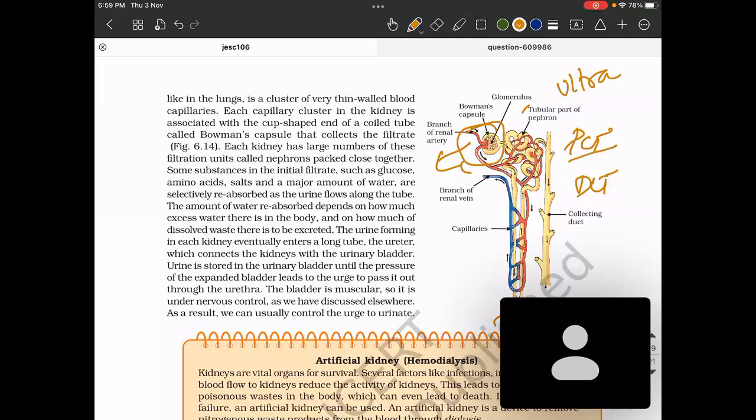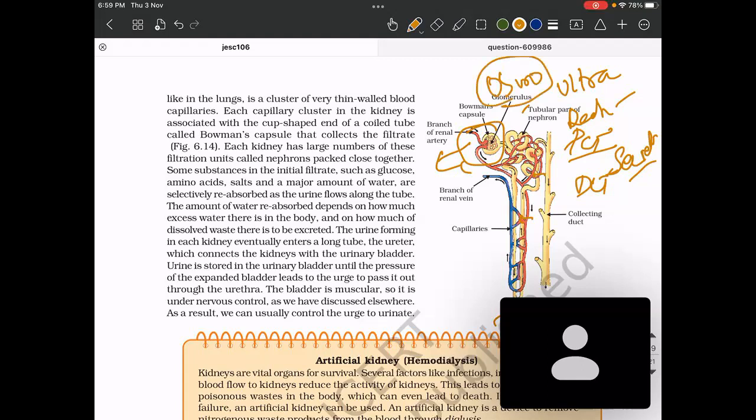Okay, that's ultrafiltration. And then PCT for what? Reabsorption. Okay, reabsorption. And then another important function of the nephron, secretion. Okay: filtration, reabsorption, secretion. Secretion means some substances are added from here to here or from here to here just to maintain osmoregulation balance.